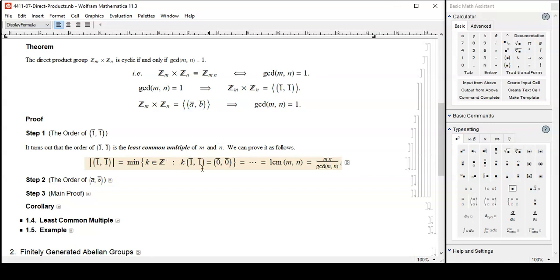Here we are using the addition notation because this is an abelian group, but previously in lesson 3 on cyclic groups we used power notation. a to the k power equals e, that's what we used to use, but here k times a as a coefficient equals 0. It's the same thing, just the abelian case like this. And then of course we have to work out a little bit, and eventually that's what we want to prove. In any case, comfortable with this.